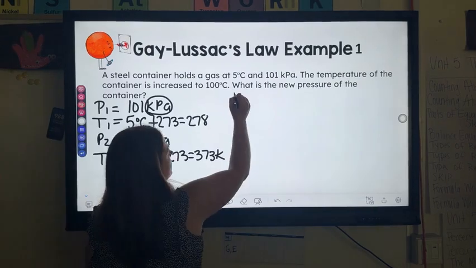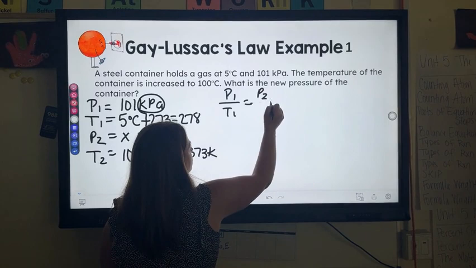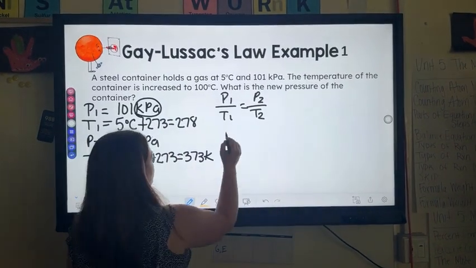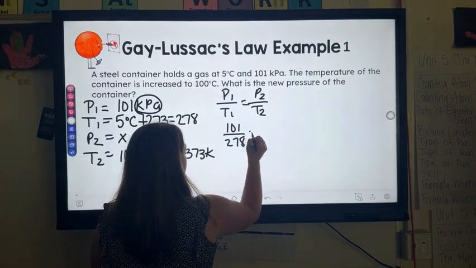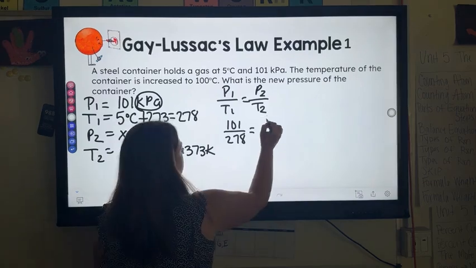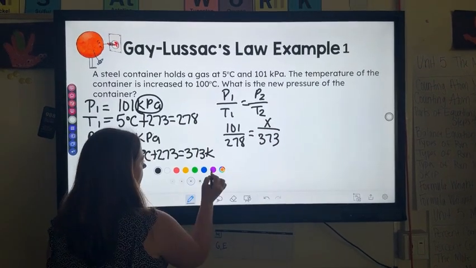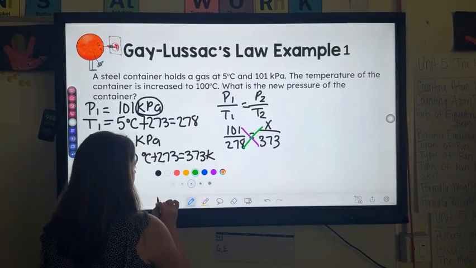Our equation is P1 over T1 is equal to P2 over T2. We can now fill in and solve. So we have 101 over 278 is equal to x over 373. You're then going to cross multiply to solve.